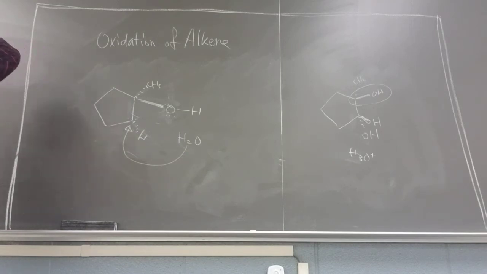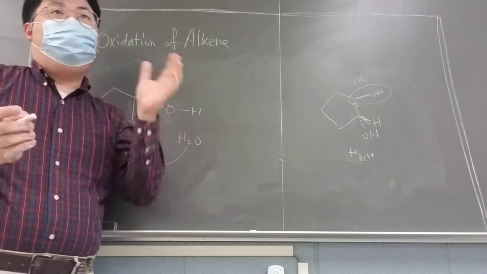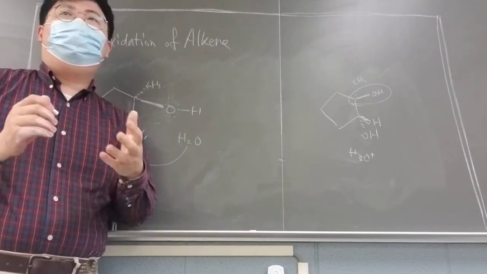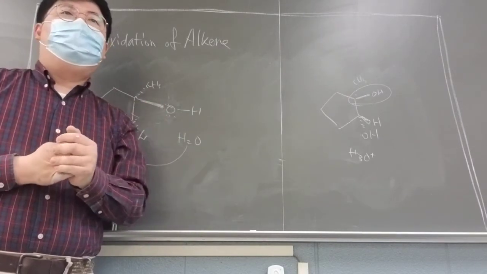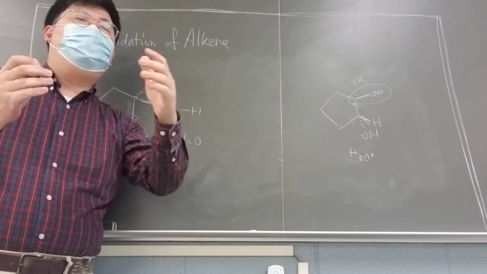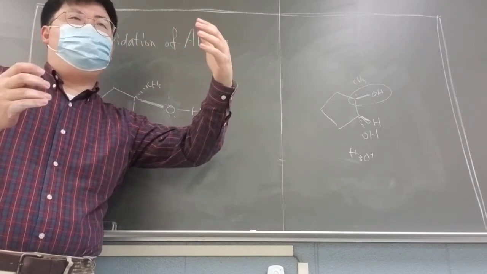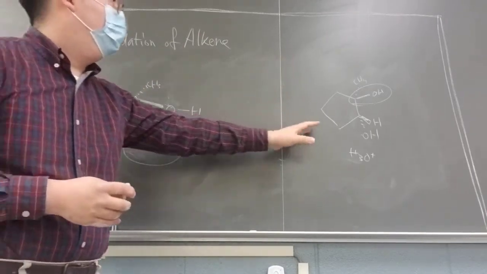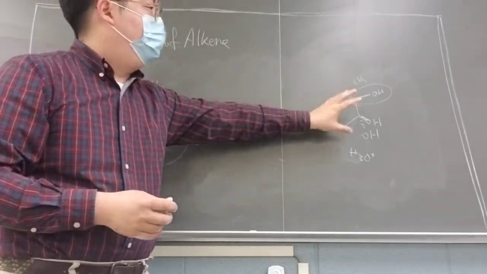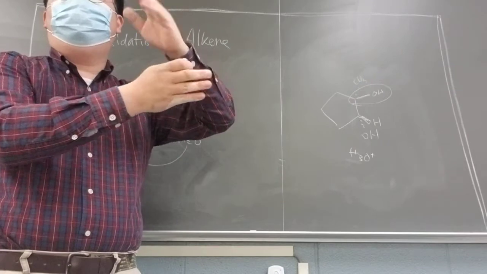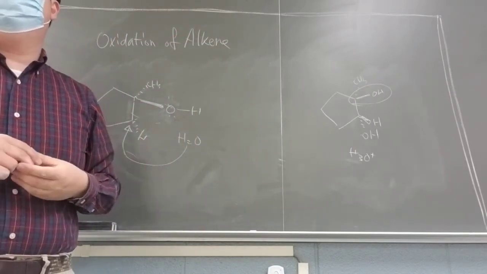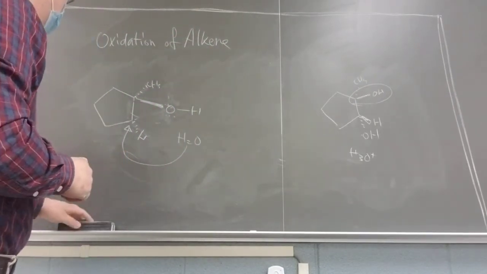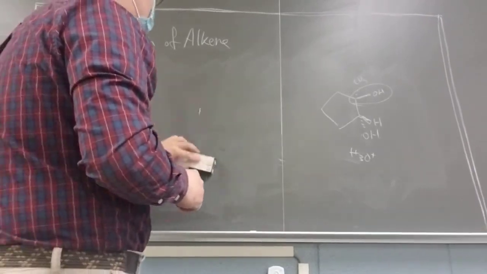It's a long process, but technically speaking, the only thing you really need to know is when you do the epoxidation, and if you do the hydroxylation here from the acidic condition, they're coming out to the opposite side. That's all you need to do. That's it. Okay. Maybe.